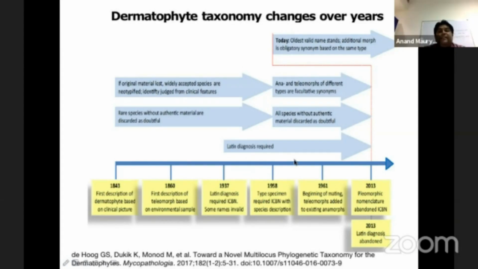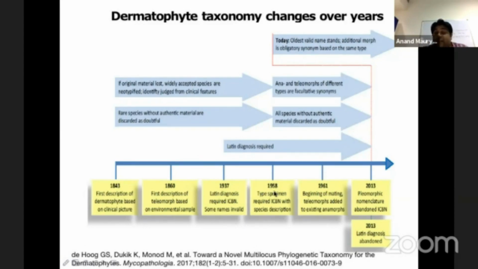So this is the dermatophyte taxonomy over the years. You can see from 1842 there was the first description of the dermatophyte based on the clinical picture. Then in 1816, there is the first description of the teleomorph based on an environmental sample. In 1937, the Latin diagnosis was required by the ICBN, and some names became invalid.